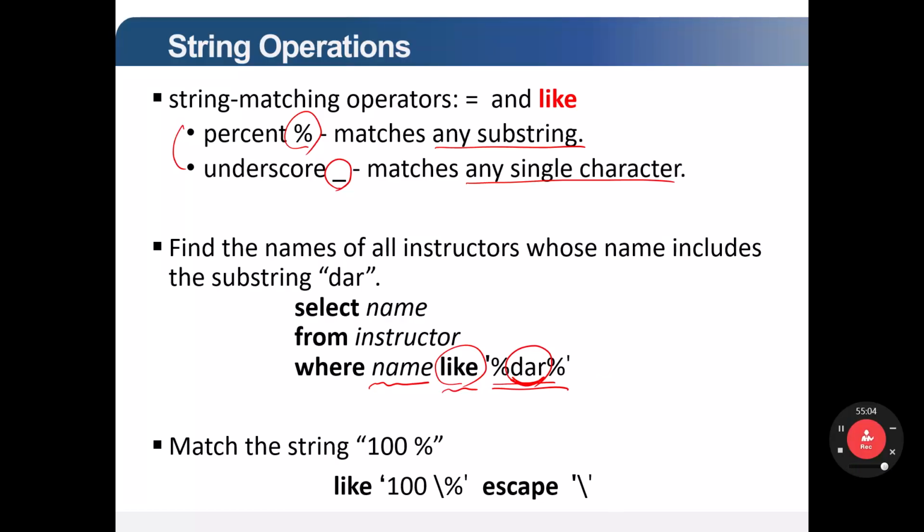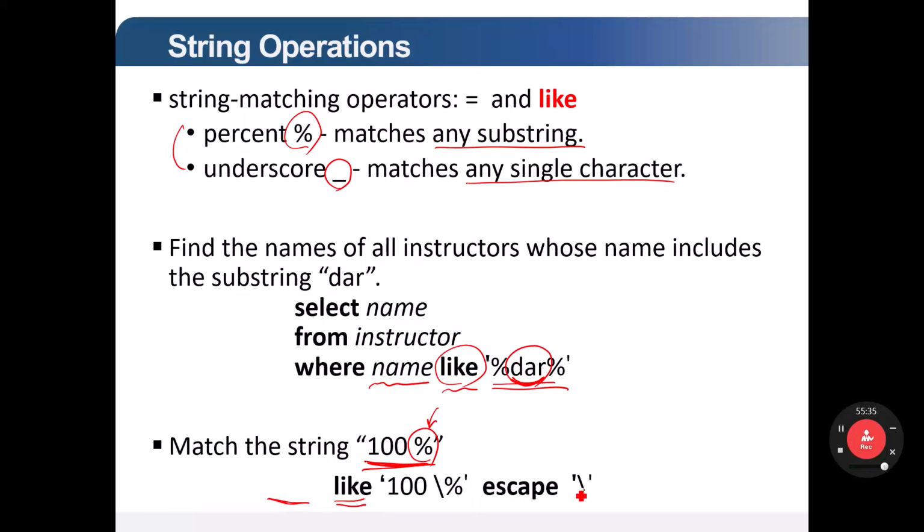Okay? And sometimes the value may have the percentage symbol. So suppose you want to find some records whose attribute values contain 100% as the string. In this case, percentage is not the wild character, but it is an actual ASCII character.